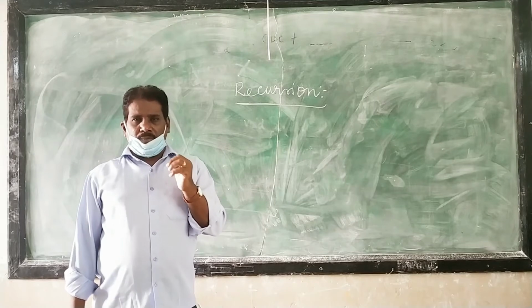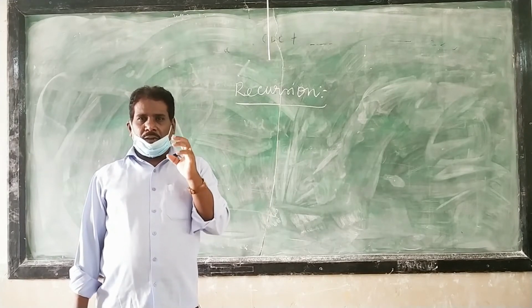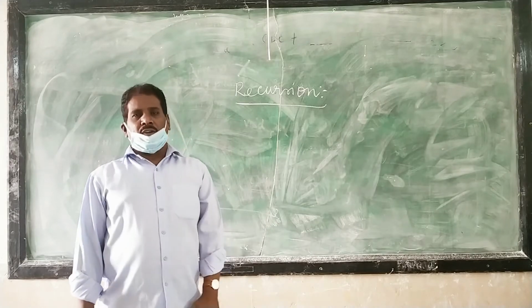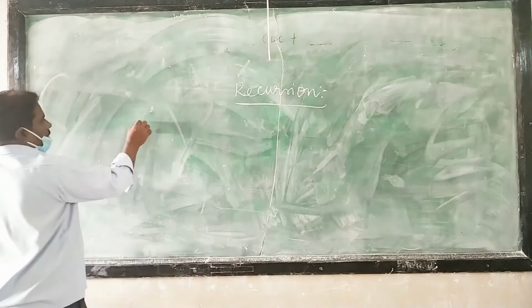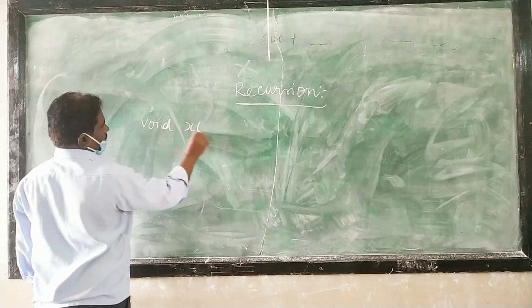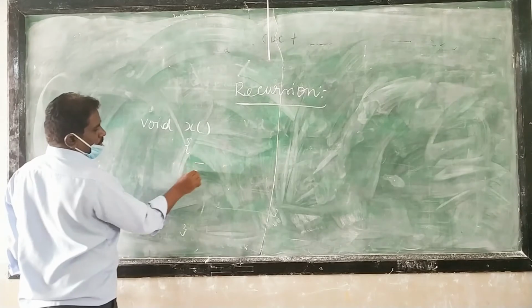Recursion, we know, is a different way of repeating a process by using a function call, isn't it? Yes, when you take one simple function, void x, how should the recursive function be?